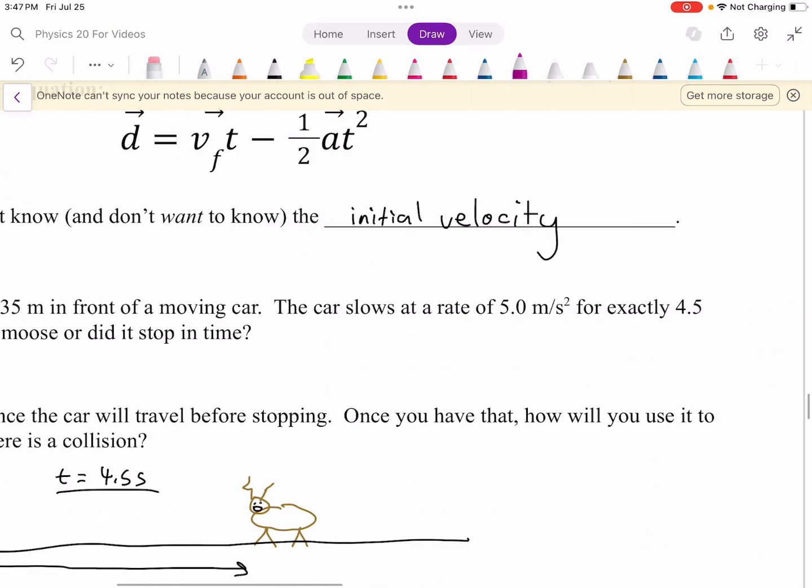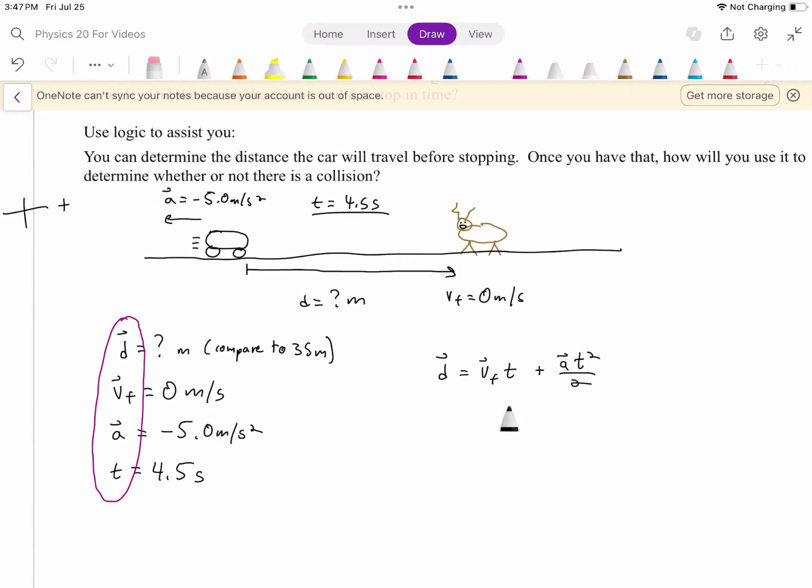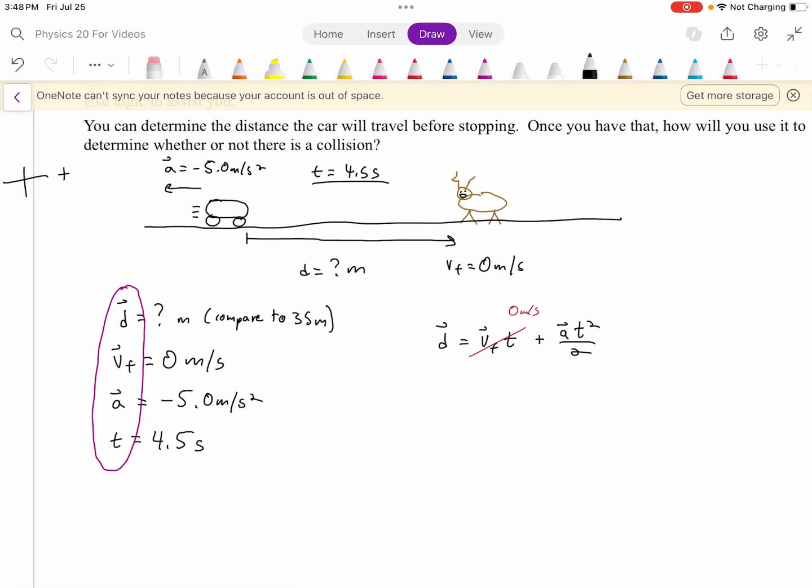So let's go ahead and write it down. Again, same thing. I'm going to choose to write 1/2 as over 2 instead, but that's totally up to you, whatever you prefer, okay? And now in this case, life's good. We even know that the final velocity is 0. So if we want, we can go ahead and take it out. 0 times time is going to be 0 no matter what time is. Oops, I messed up there.